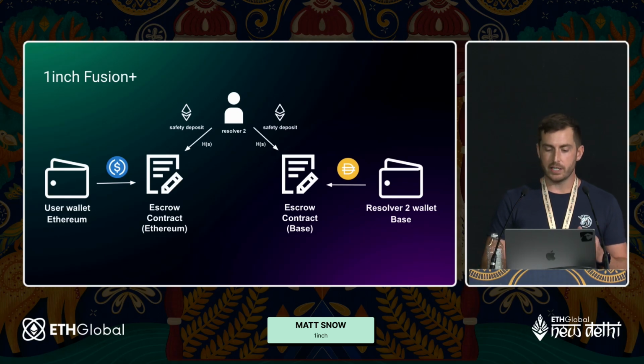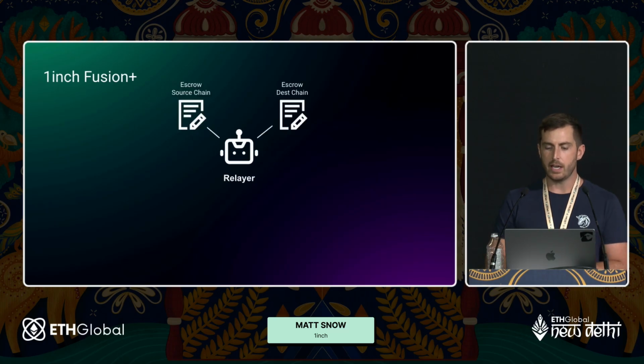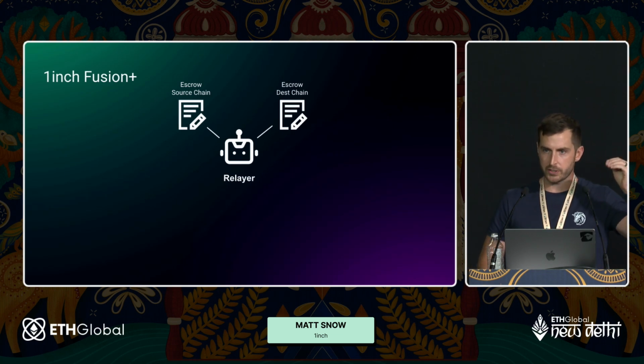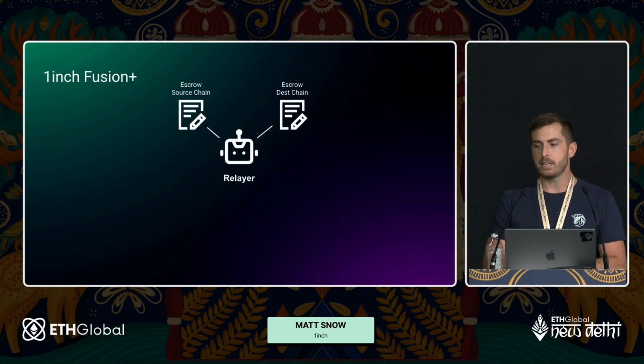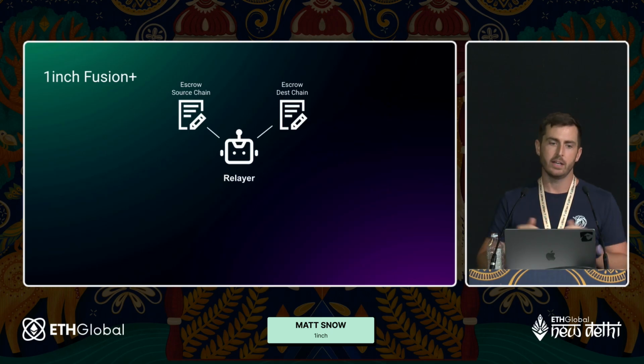And once everything's good, we have a relayer service that looks at all of this. It's looking at both contracts and saying, okay, is the correct amount of source chain tokens in the source chain escrow contract? Is the correct safety deposit allocated? Have the finality locks passed, because there's a finality lock on each contract after it's created to prevent chain reorgs.